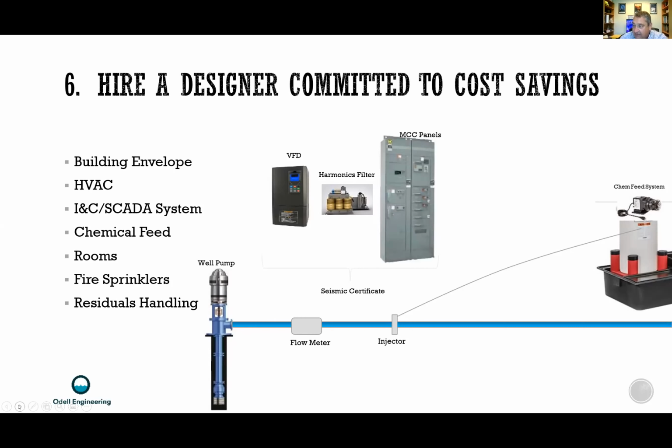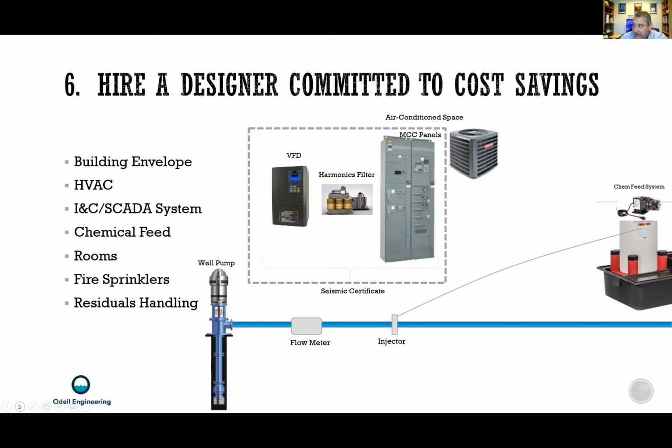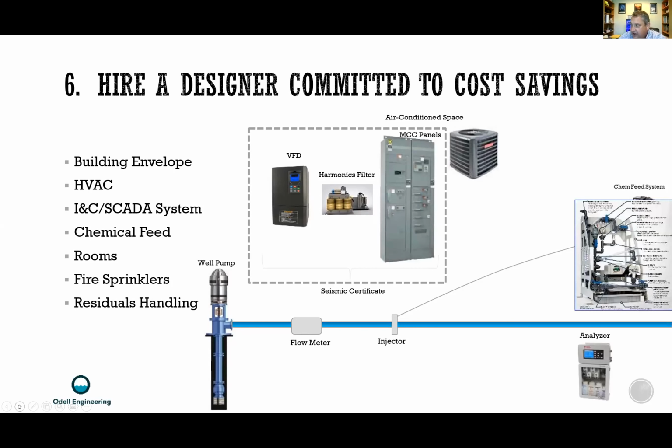You may have to have a seismic certificate for the equipment. You may have to keep that in an air-conditioned space. And you probably have to have an analyzer, a new chemical feed system that you can adjust automatically, and the programming to be able to run that at different speeds and different chemical injections. So the cost of adding a VFD isn't just the cost of the VFD, it's all of the associated equipment that goes with it.